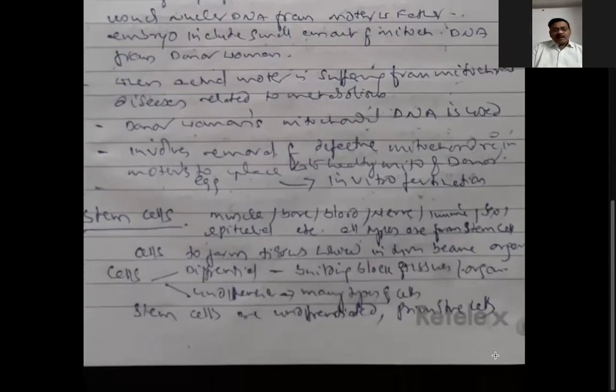Then how will reproduction be done? Any individual, suppose human beings, will have 23 pairs of chromosomes. Mother will have 23 pairs. Father will have 23 pairs. Here reproduction, that means giving rise to offspring, the next generation, is by two means. In animals or plants, one method is sexual reproduction.